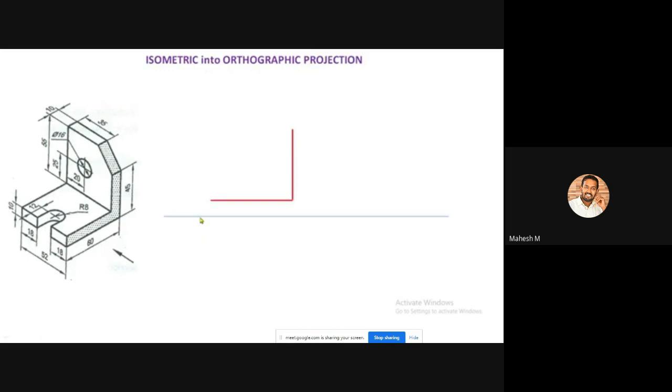You have to draw your left side view on the right side of your front view. So you have to choose your front view on this place, and the top view is on this place, and you have to draw your left side view on the right side of the front view.